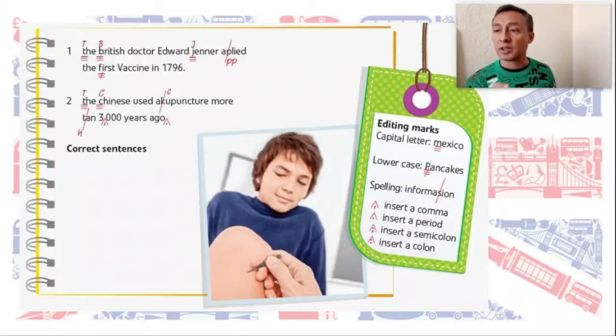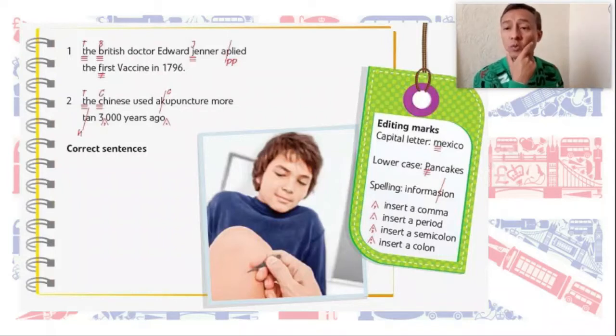I have to insert a comma for the number and the closing period, but I'm not sure about this editing mark below the F in first. The editing mark indicates to change to lowercase, but this is already written in lowercase.